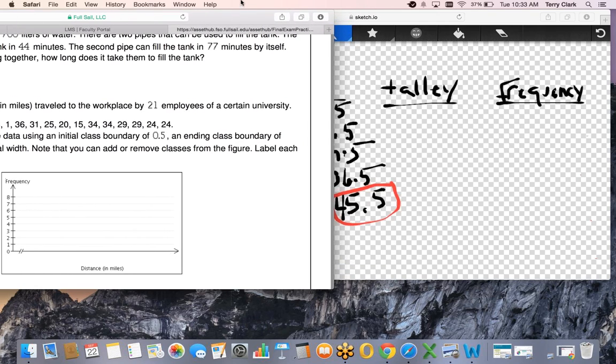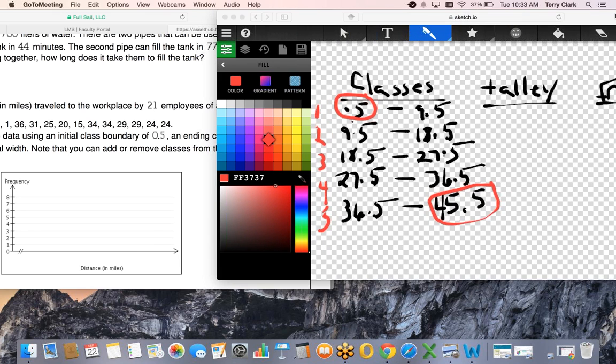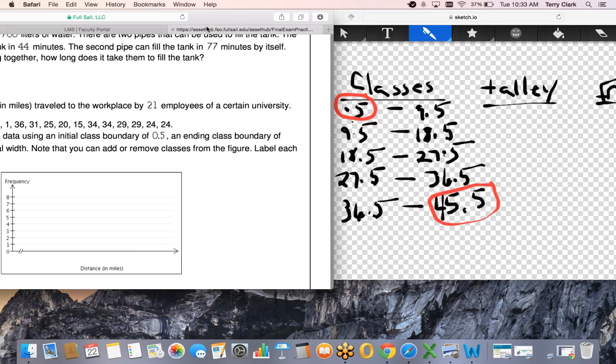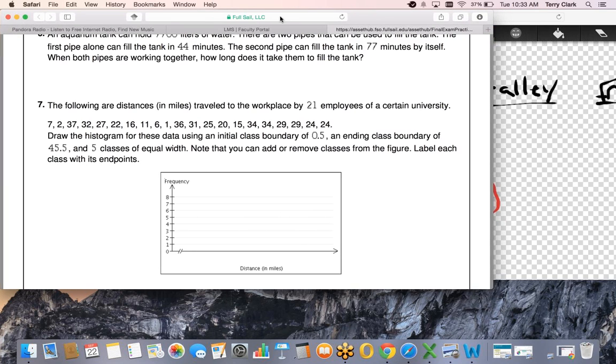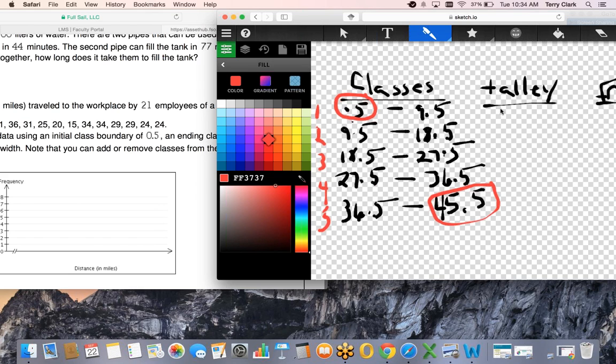Now what we got to do is start putting each one of these numbers into a class. So the number 7 is in between, I'm going to change it back to blank, it's in between 0.5 and 9.5, so it's going to go into the first class.